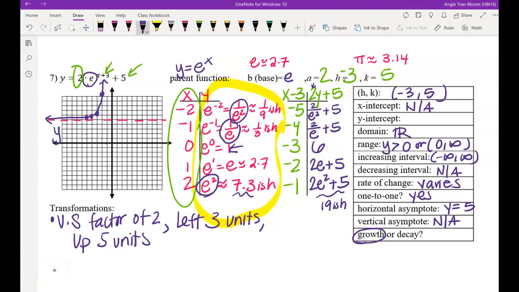Okay, the y-intercept, guys, is when x equals 0. So y equals 2 times e to the 0 plus 3, which is 3, plus 5. Now, I don't have a calculator, so I'm just going to leave it like that. If you do have a calculator, feel free to crunch out the numbers. 2 times e to the 3rd plus 5, and then you can write down the approximation rounded to 2 decimal places.